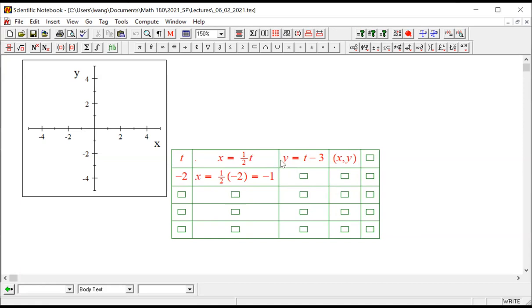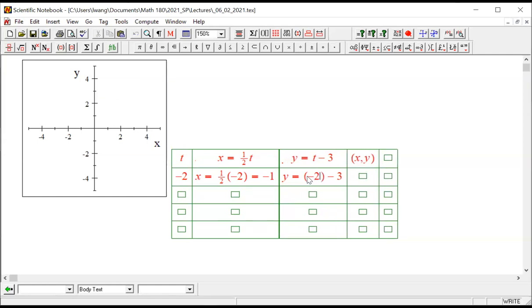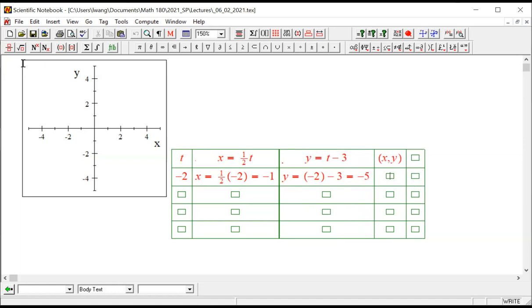And y, which is t minus 3, when t equals -2, is -2 minus 3, that's -5. So we got a point, and this point is (-1, -5).